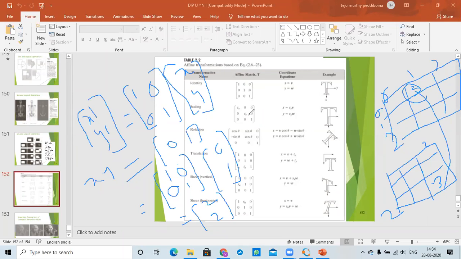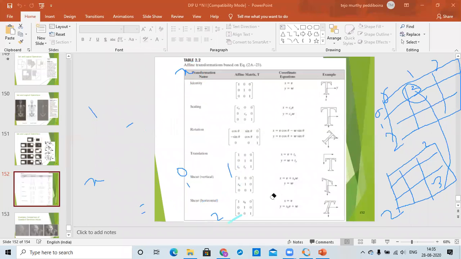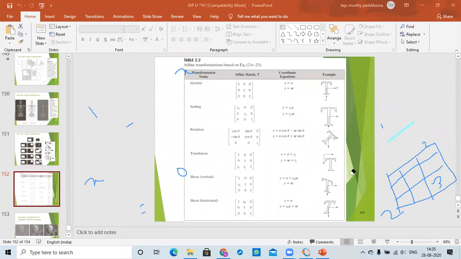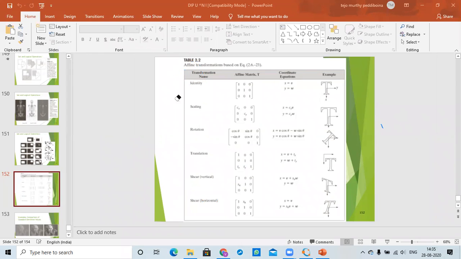Then in this matrix, why they have given 3 matrices, let us understand this also. This is also very simple, not complicated. First, let us have only two values, x comma y.